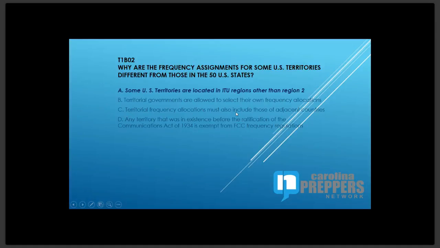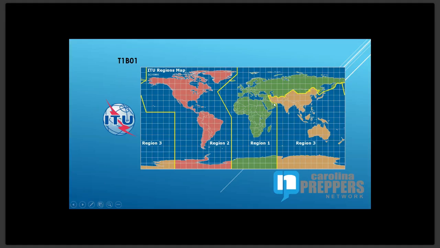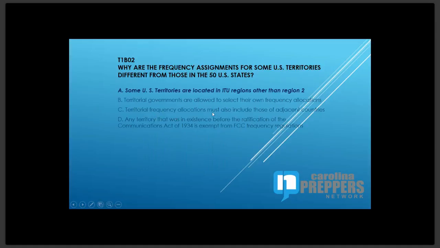Territorial frequency allocations must also include those of adjacent countries. Well, that's not true, because if we go back and look, the only time Region 1 and 3 are adjacent to each other. But that must also include those adjacent countries. It's just simply not true.